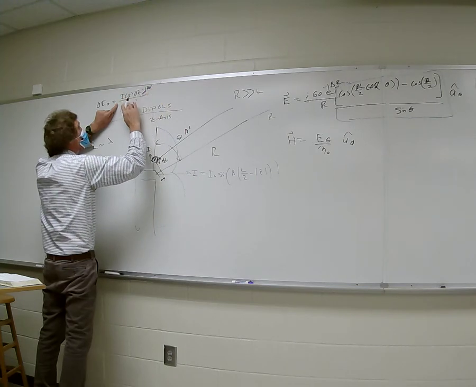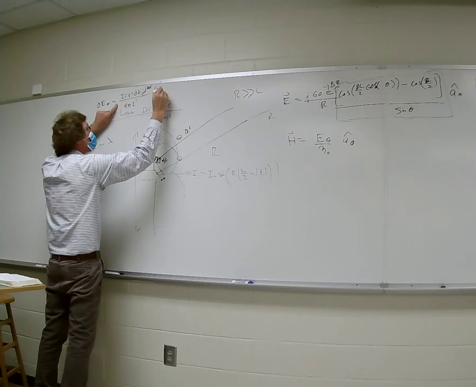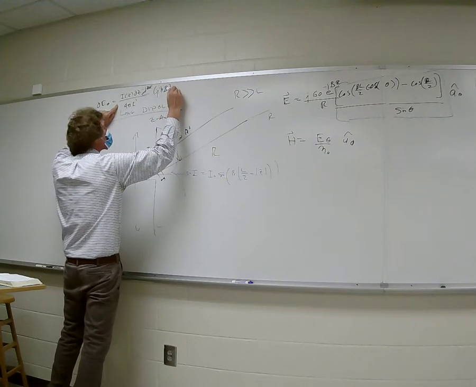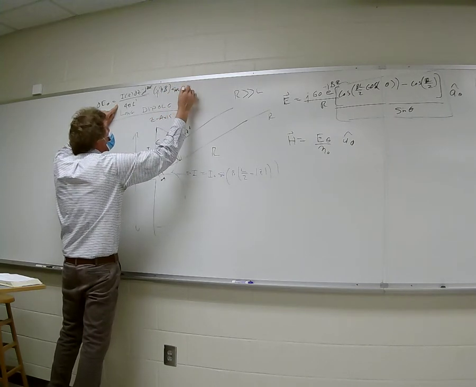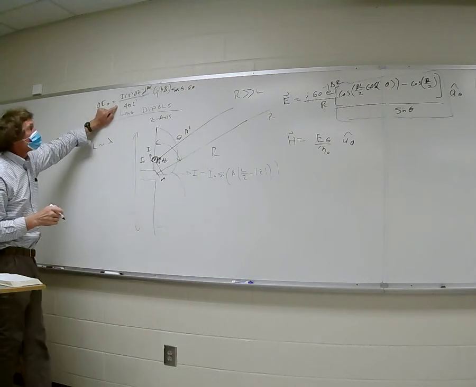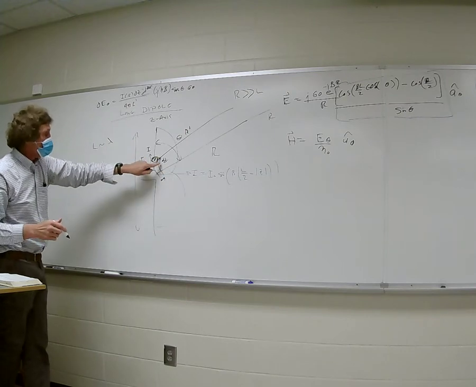Then you have the j eta beta right here. And then you would have the sine of theta in the a theta direction. That would be your differential field. Here, r prime would be put in terms of r, and this angle theta.